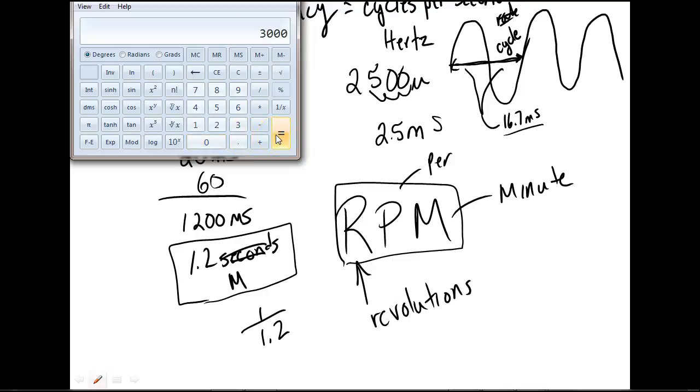So the motor's running at what? So we multiplied it by 60 before we took the reciprocal, right? You understand that? So watch this. So I'm going to say, what was our time? 2.5 milliseconds. 1 divided by 1.2 is 0.83. Wait a second.